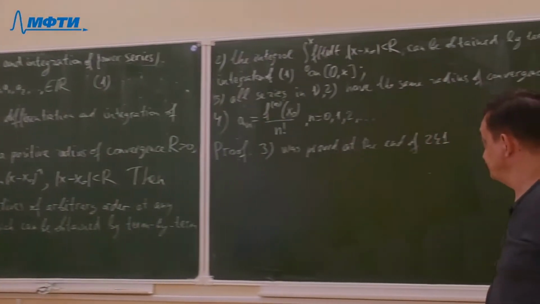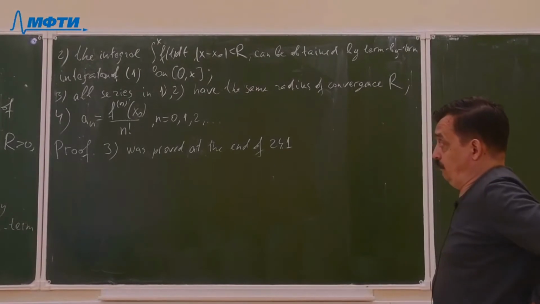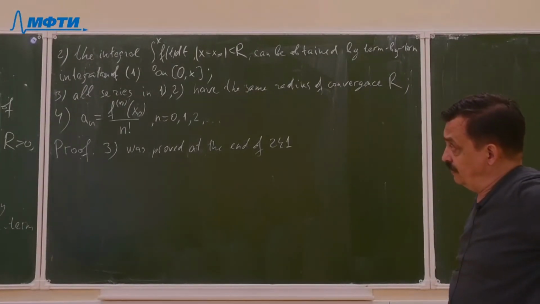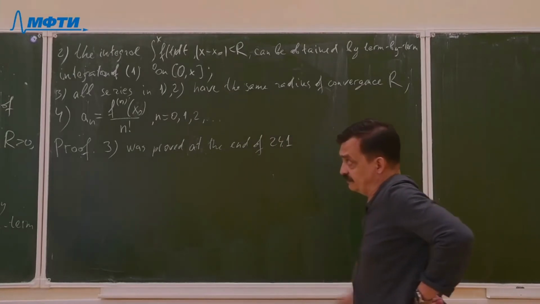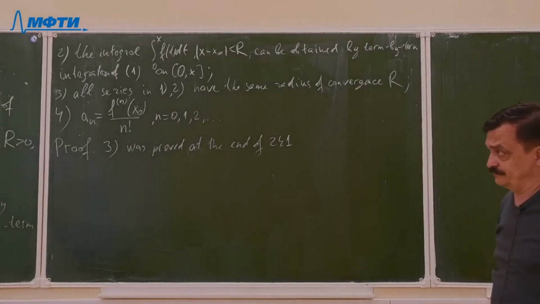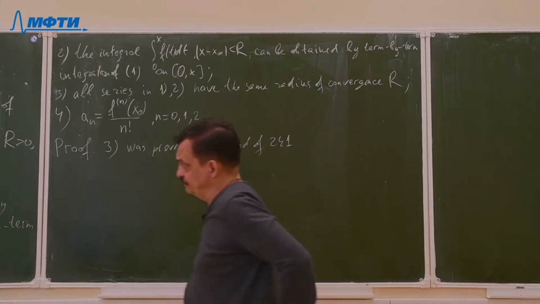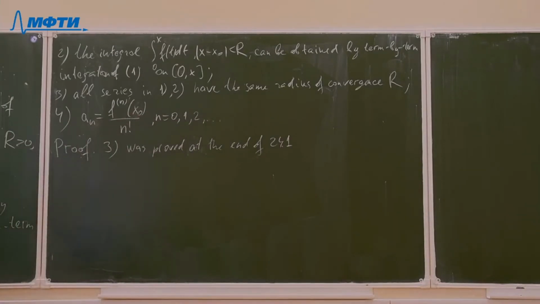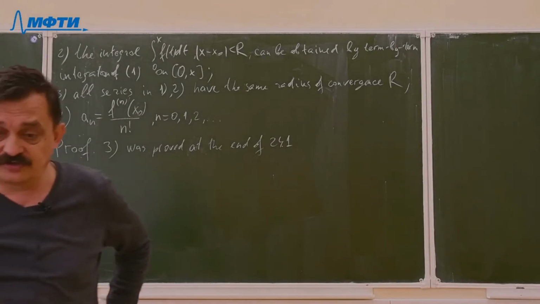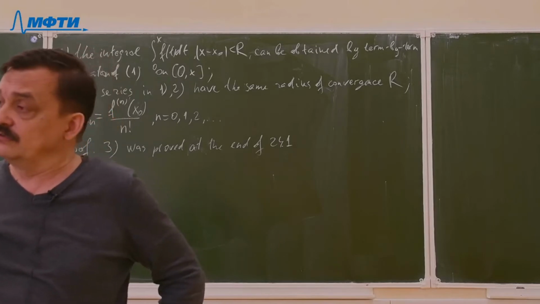So, at the very end of the last section, there was an assertion which says that when we differentiate a power series term by term, the radius of convergence will be the same.